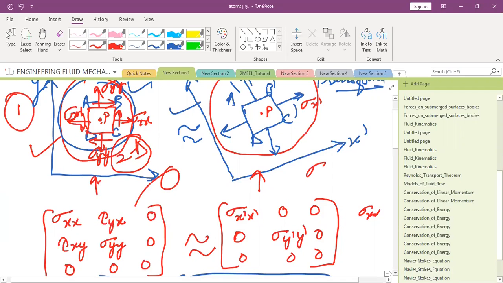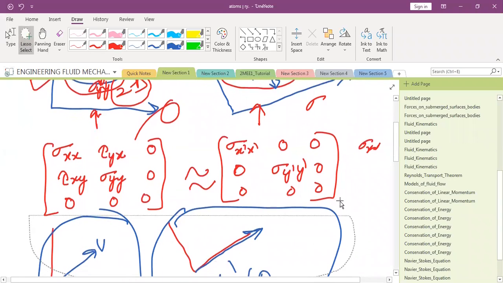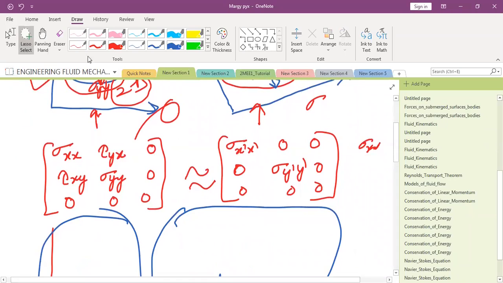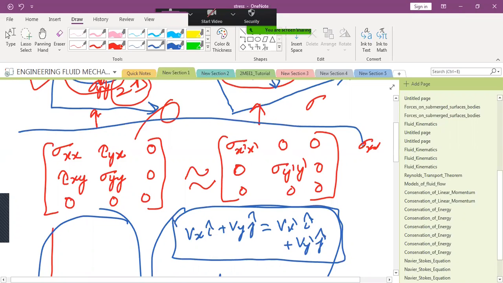In the previous vector example, if you remember, in the case of vectors I could write Vx i plus Vy j equal to Vx dash i dash cap plus Vy dash j dash cap. By the same token, I can write this equation.